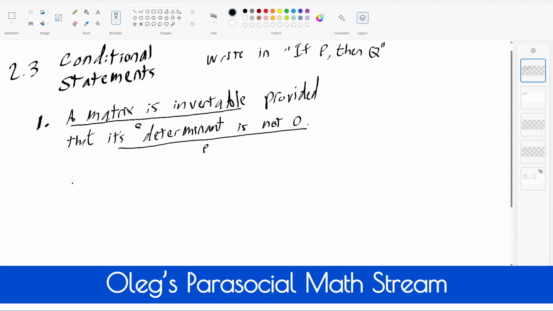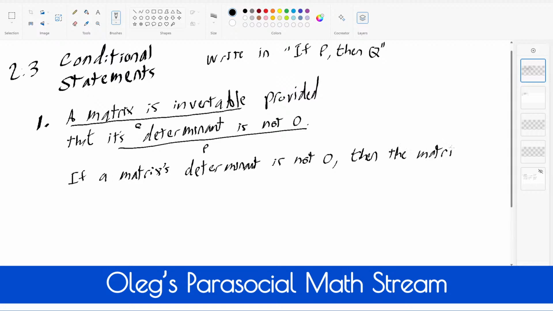So let's use the words if a matrix's determinant is not zero, then the matrix is invertible. Okay, that's how I see it.